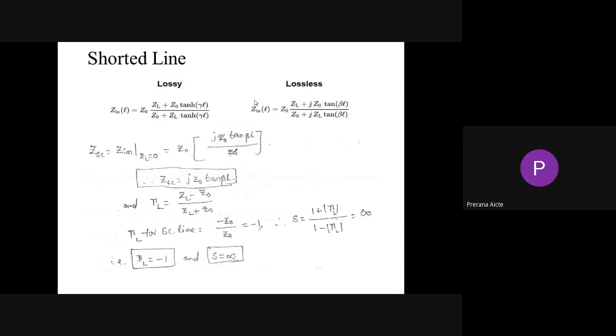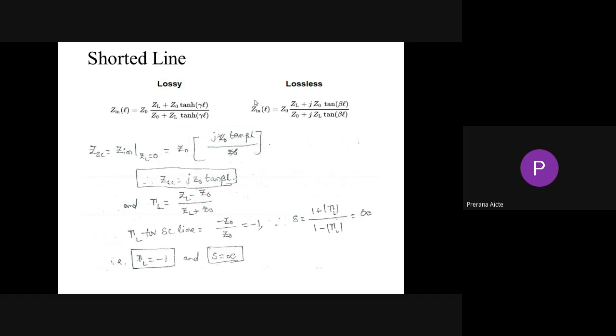Now, while calculating the input impedances at different lengths, that is Z in of L, the input impedance of a length L for either a lossy or lossless transmission line.